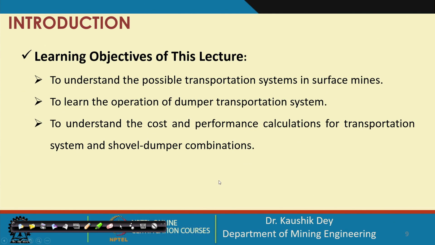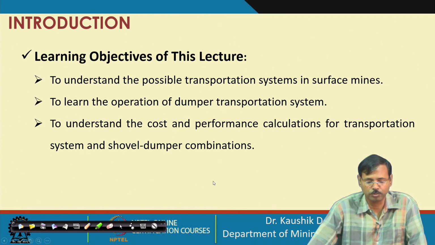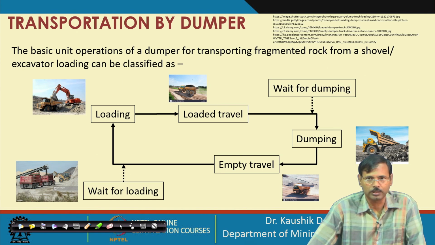The objectives set for these transportation system lectures are to understand the possible transportation systems in surface mines, to learn the operation of the dumper transportation system, and to understand the cost and performance calculation of the transportation system with particular reference to the shovel dumper combinations.